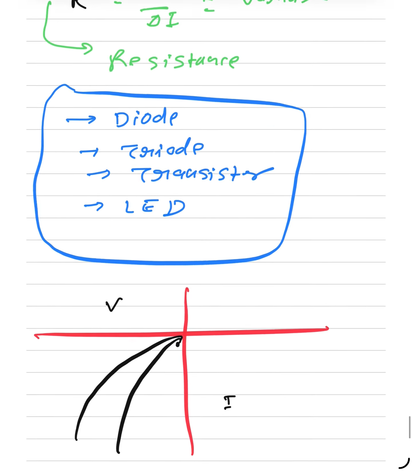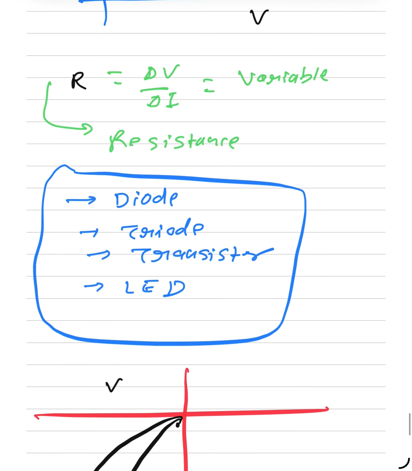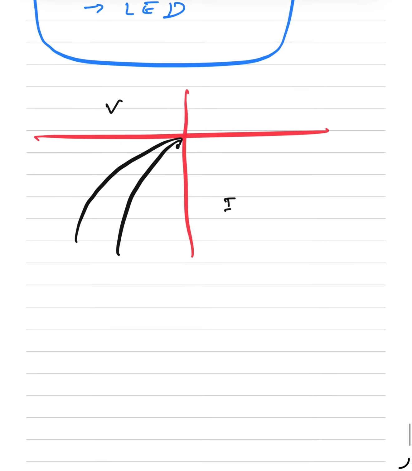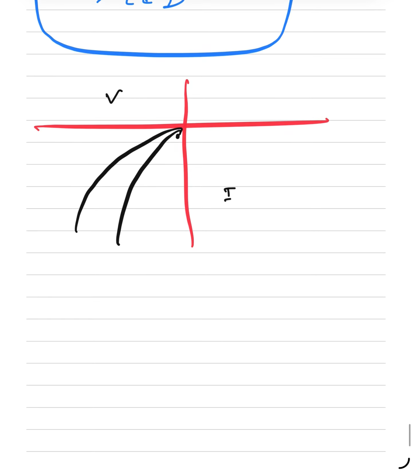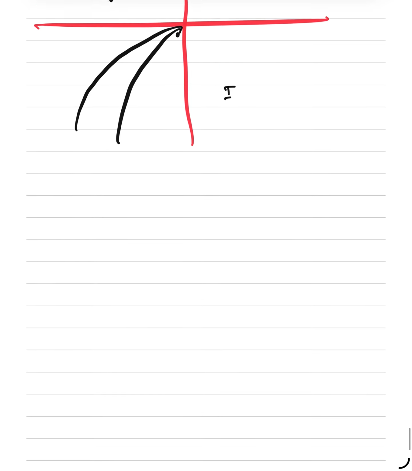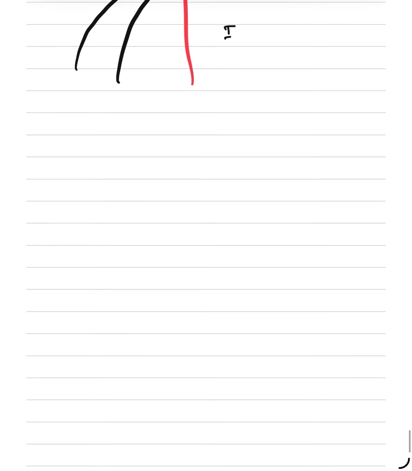This is the concept of a non-ohmic circuit, and a non-ohmic circuit does not obey Ohm's law. This is a basic logic about the ohmic circuit, non-ohmic circuit, and also Ohm's law.